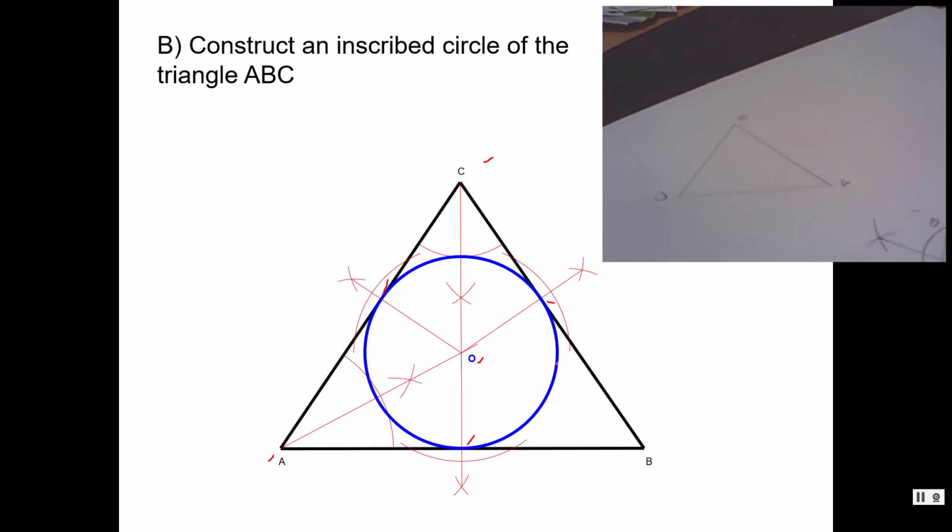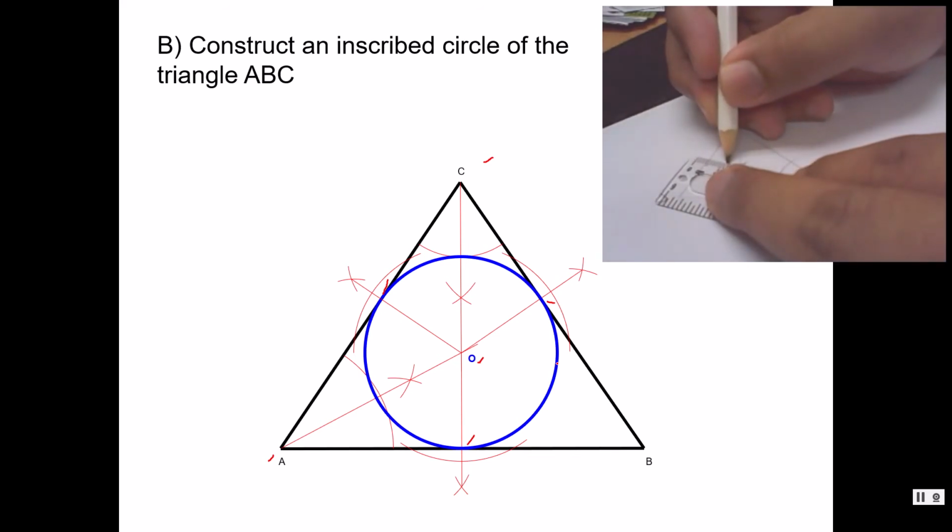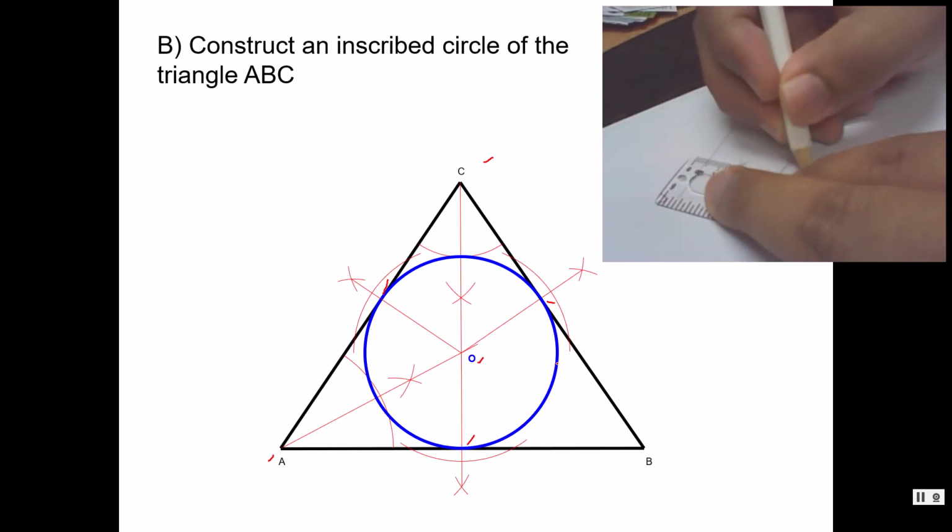The first step is to find the bisecting angle of A. So draw a circle here, and then from here draw another circle from this point and this point, so that you're going to get the bisecting line from here.